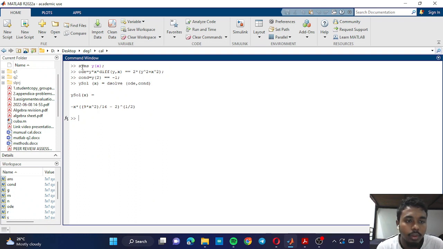Alright, so for the simulation, I use syms y in terms of x, ODE equal y times x times differentiate y in terms of variable x equal to 2 times bracket y to the power of 2 plus x to the power of 2, and condition equal to y(2) equal to negative 1, and y of x equal to dsolve ODE, con, and I get this for the answer for the simulation.